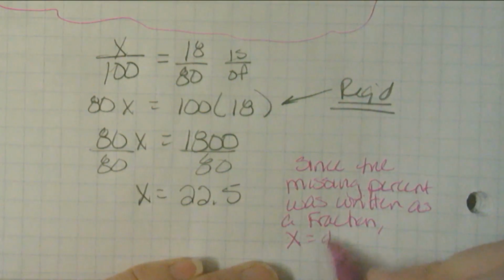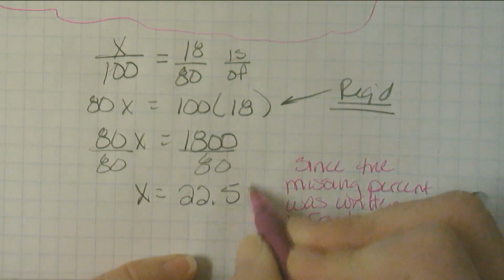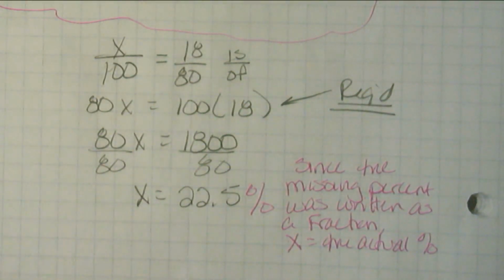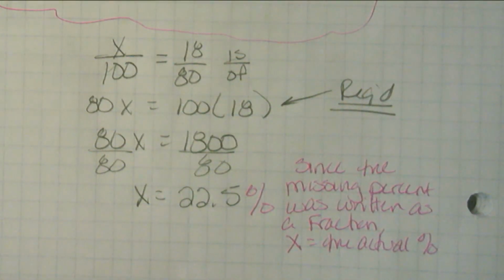X equals the actual percent. So we would just simply put a percent sign on there. We don't have to change that. When we go use the equation, that will be different. Victoria, I'm hoping that that answered your question. Yeah. Excellent. Let's do another one.